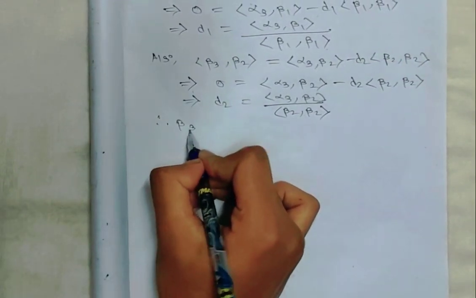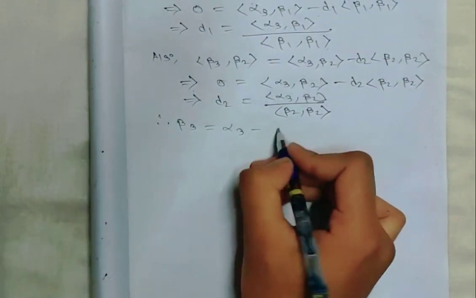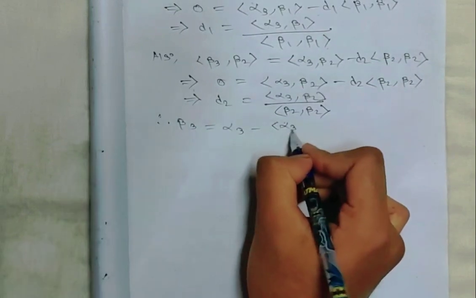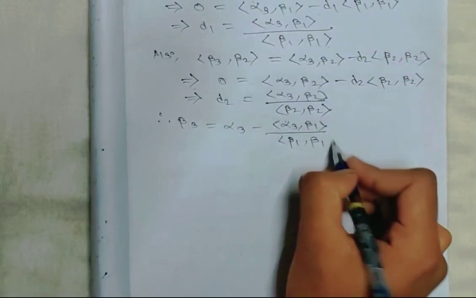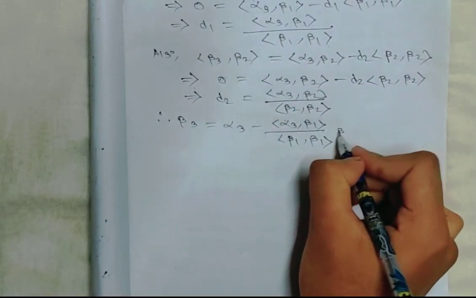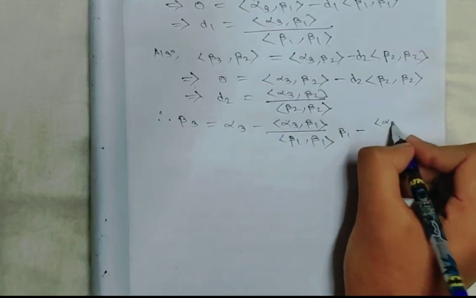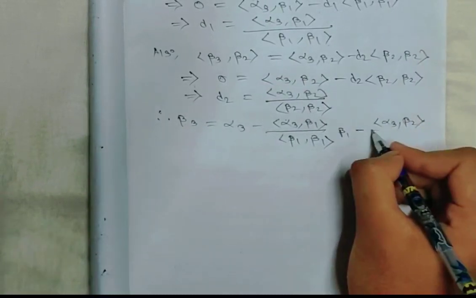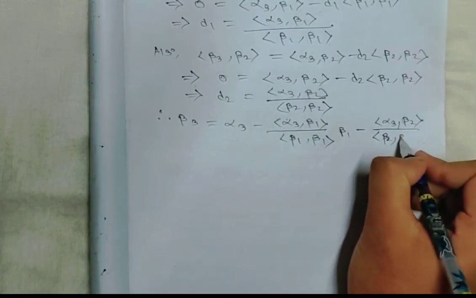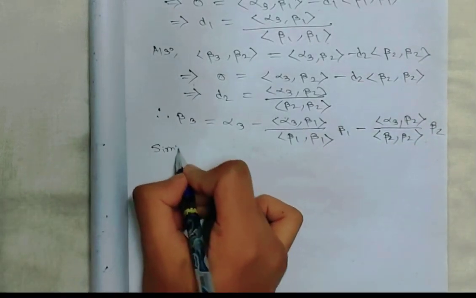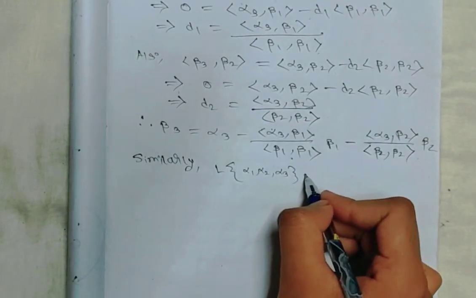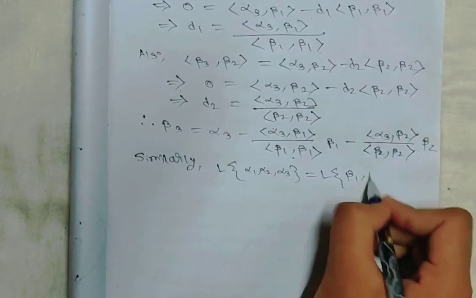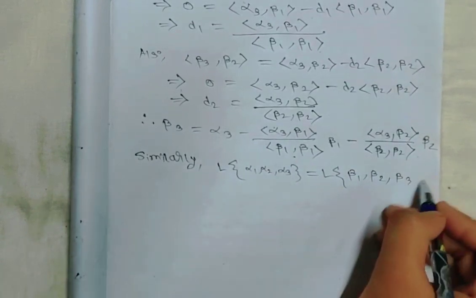Therefore beta 3 equals alpha 3 minus the inner product of alpha 3 beta 1 divided by the inner product of beta 1 beta 1, into beta 1, minus the inner product of alpha 3 beta 2 divided by the inner product of beta 2 beta 2, into beta 2. Similarly, the linear combinations of alpha 1, alpha 2, alpha 3 equal the linear combinations of beta 1, beta 2, beta 3.